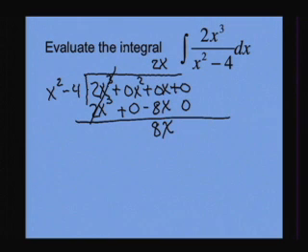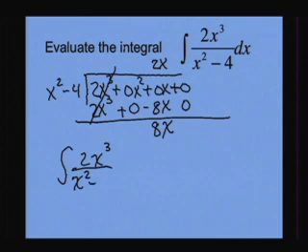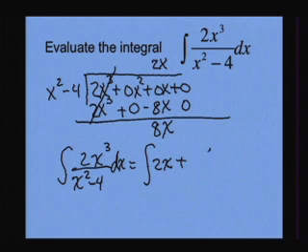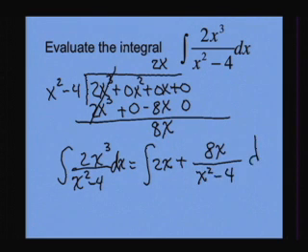So that what we now say is that the integral of 2x cubed over x squared minus 4 dx is equal to the integral of 2x plus 8x over x squared minus 4 dx. And of course, we are integrating that entire sum.